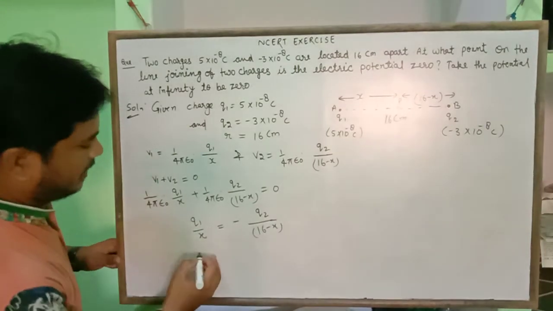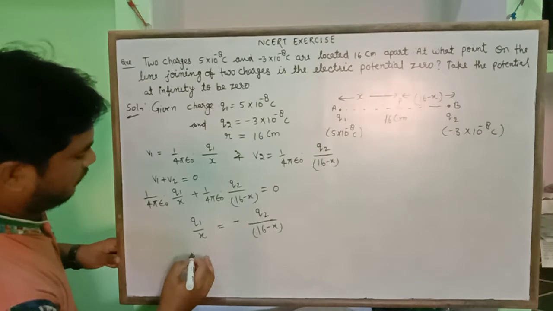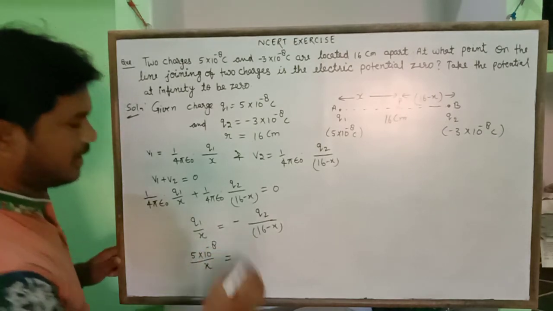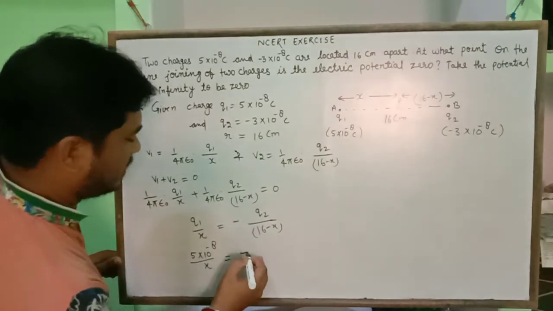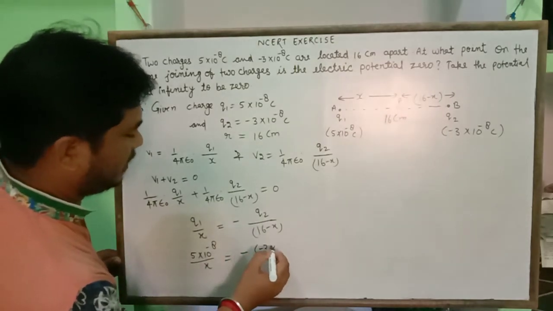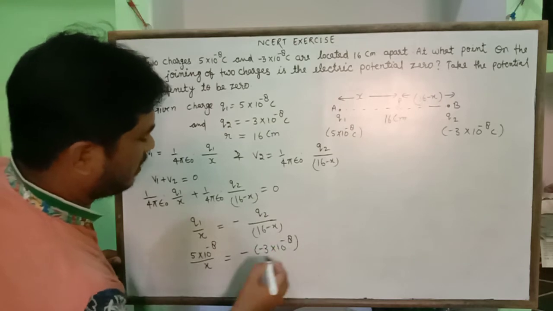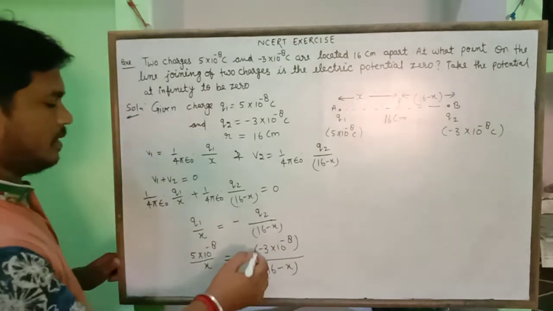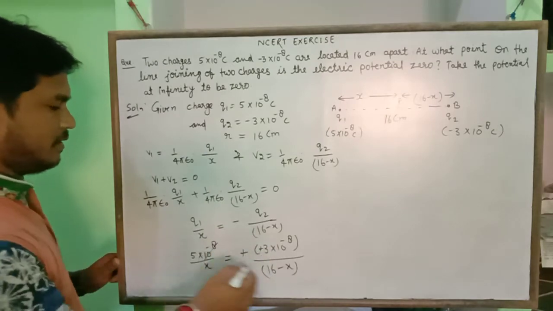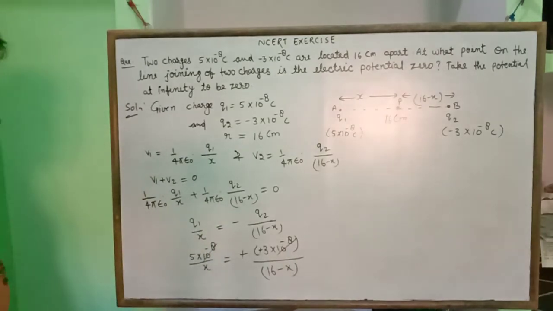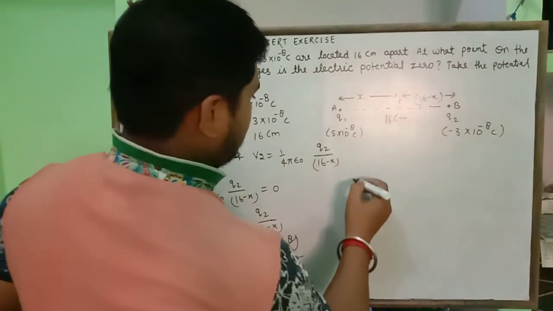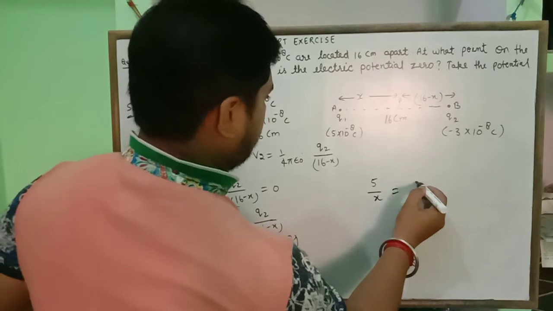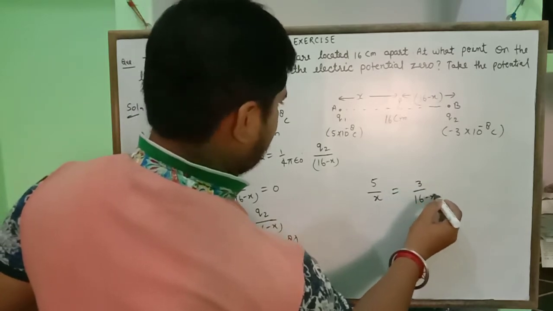So on putting the value, q1 is 5 into 10 to the power minus 8 upon x is equal to minus and minus 3 10 to the power minus 8 upon 16 minus x. Minus से minus cancel, 10 to the power minus 8 से 10 to the power minus 8 cancel हो गया. Then this is 5 upon x is equal to 3 upon 16 minus x.